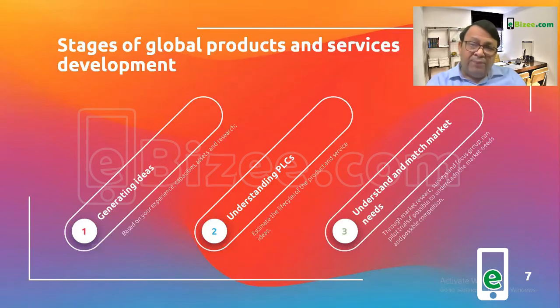If you do not have past experience, you do research and try to find out what products you can really sell in the international market, what are the products which are required. And it also depends on what kind of knowledge and capabilities you carry.